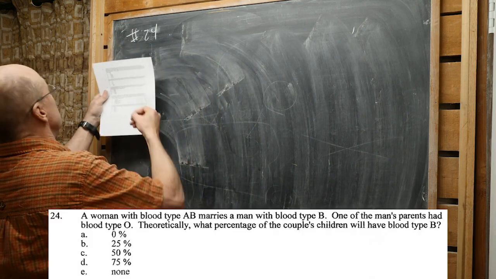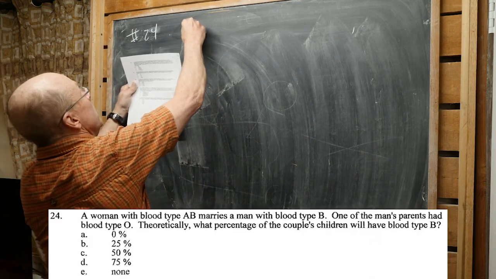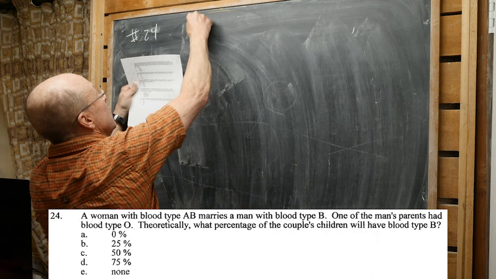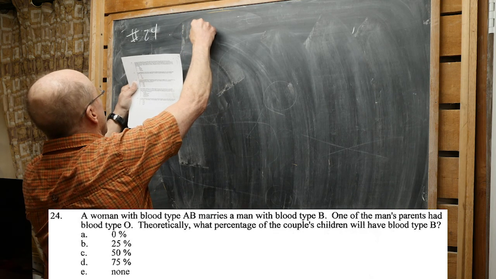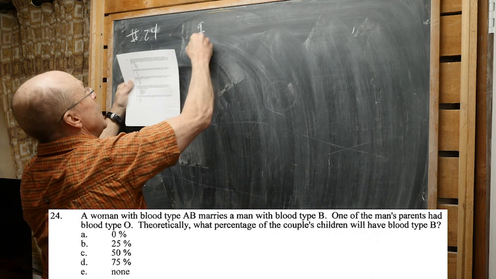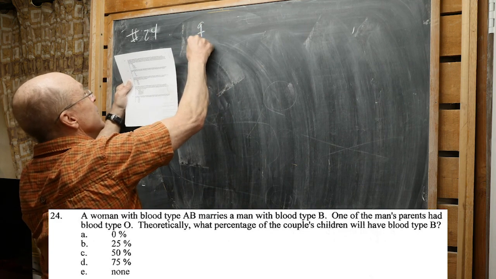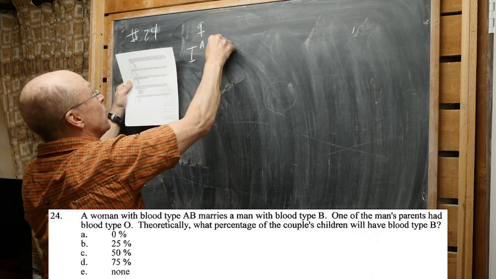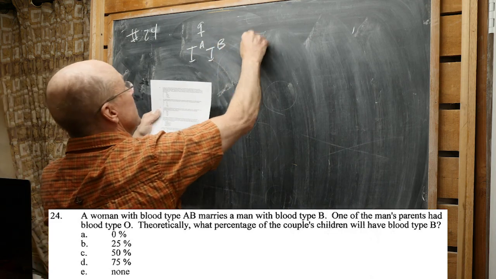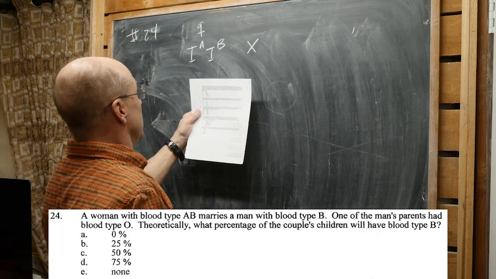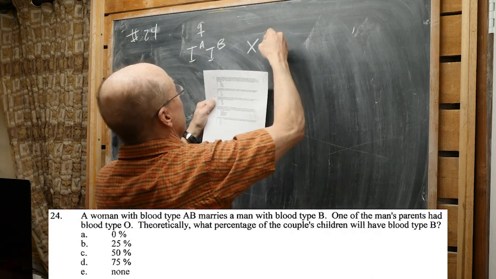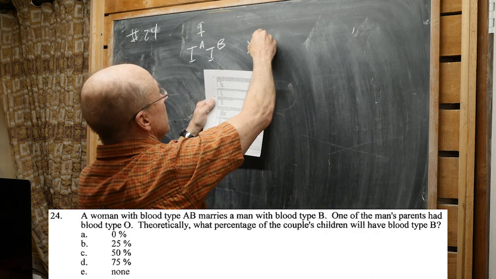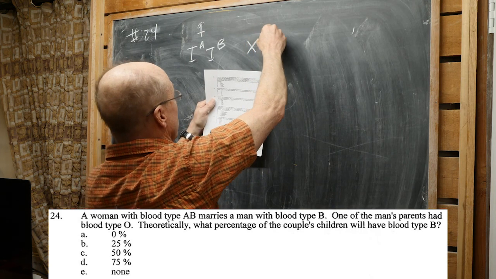So number 24 is a woman, so I'm going to put female, with type AB blood, I super A, I super B. She marries, and I guess we're going to assume they're going to reproduce, but at this point they're just married.